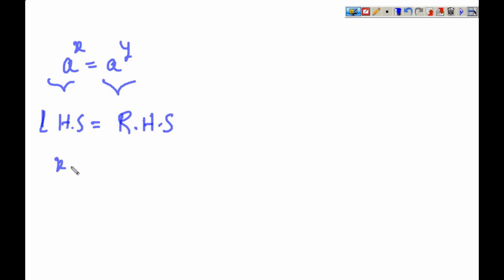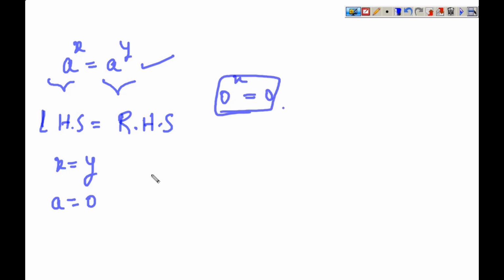So 1 is when x equals y, then this is true, right? The second part is when a, or the base, is equal to 0. If the base is equal to 0, anything raised to power 0 will be 0. So that's why these two can be true when a is equal to 0. And again, when a is equal to 1, these two are same.